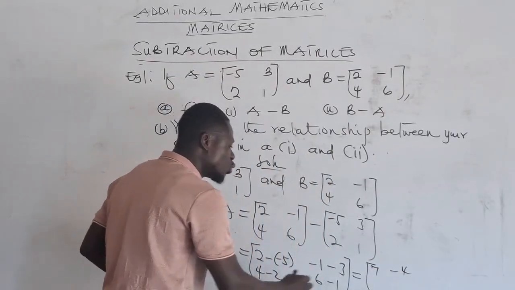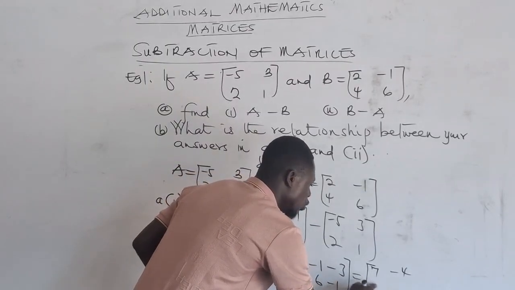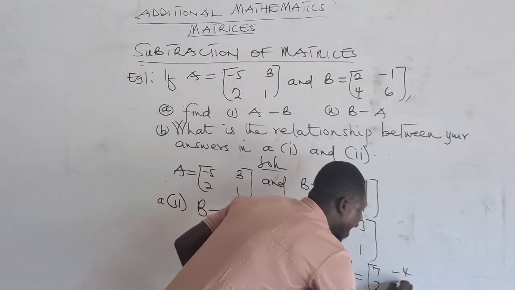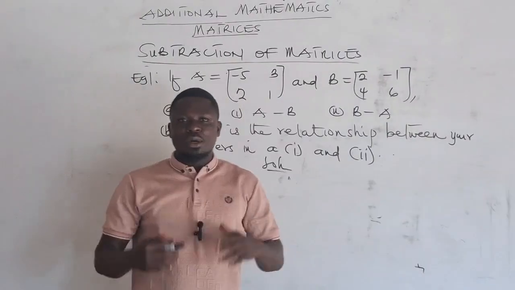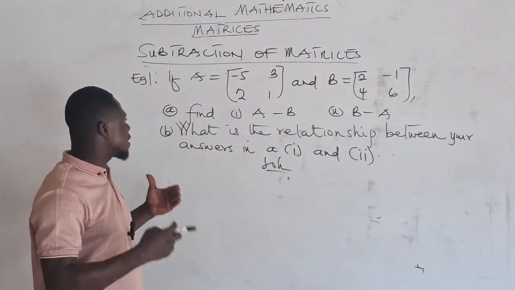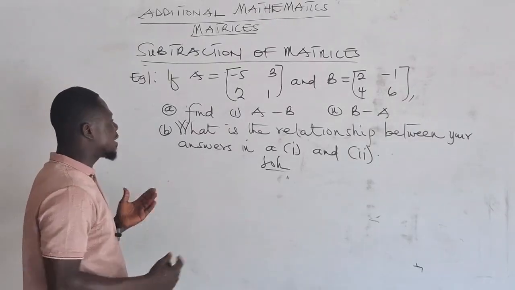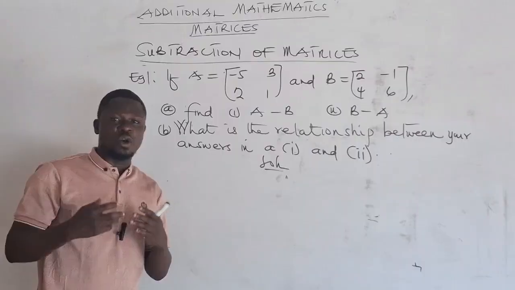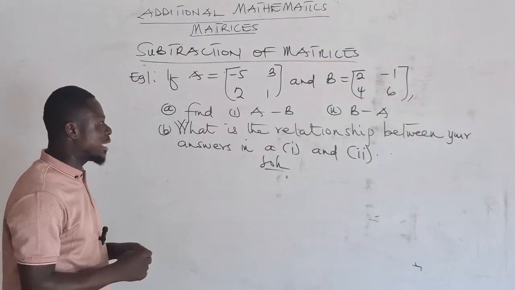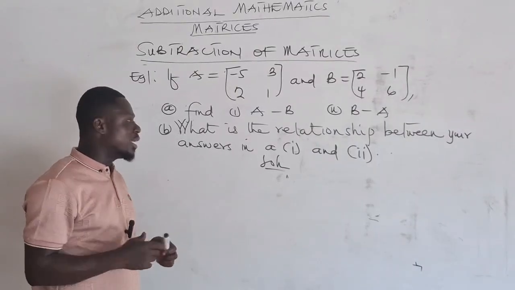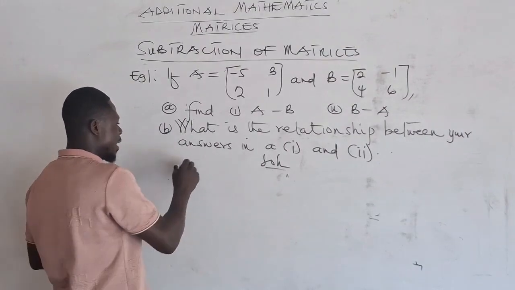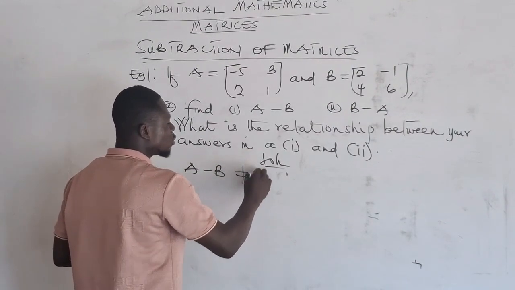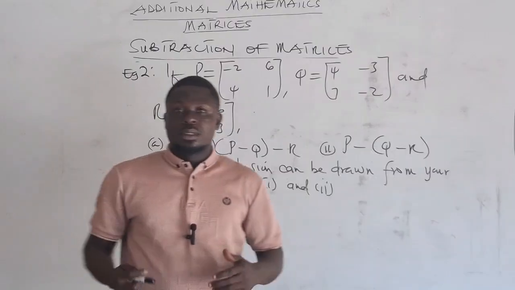Then 4 minus 2 will be 2. And then 6 minus 1 will be 5. Now, the big part of the question was, what is the relationship between your answers in (a)(i) and (ii)? Based on the results that we've obtained, it is clearly seen that A minus B is not equal to B minus A.